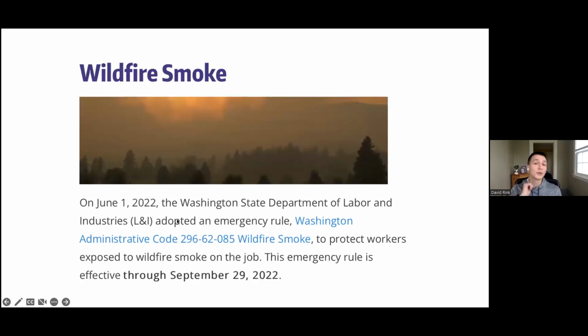So a brief example of a more community level or population level mitigation strategy was this temporary and admittedly reactive policy that was placed by the Department of Labor and Industries in Washington State. And this focused on the protection for outdoor workers during wildfire season. It has since lapsed, although they very likely will renew it for next year.